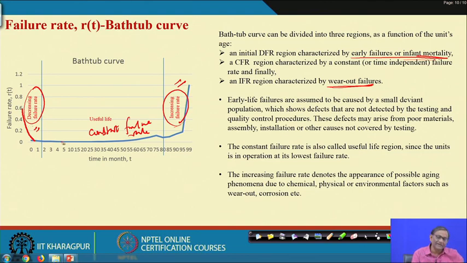Then the failure rate decreases very quickly and reaches the constant failure rate, which is the useful life, and then this will follow. Finally, because of the aging effect, the component or the unit will very quickly undergo death. So, those are the three different regions you will get in the bathtub curve.